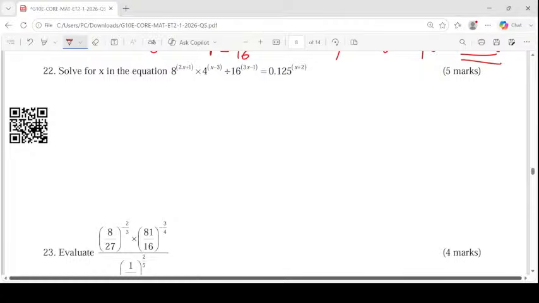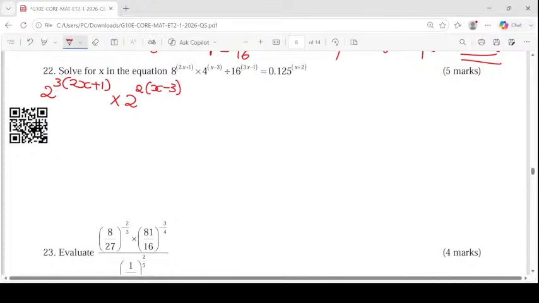8 can be written as 2 cubed, power 2x plus 1. Multiply this by 4, which is like saying 2 squared to the power of x minus 3.